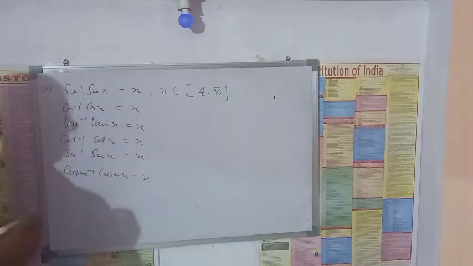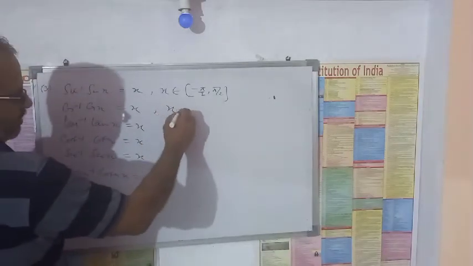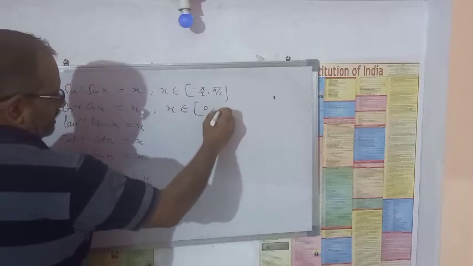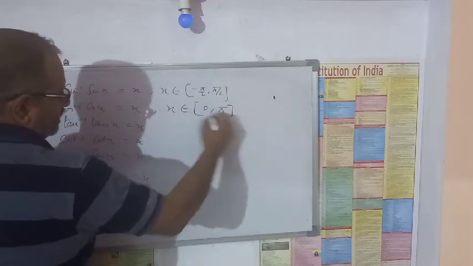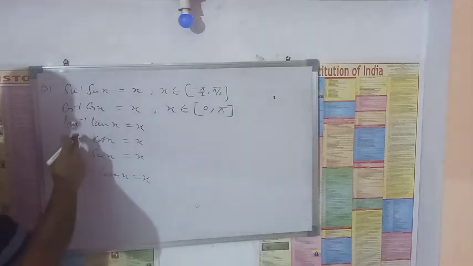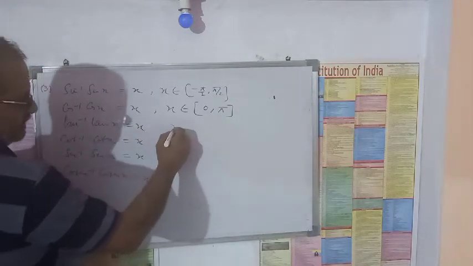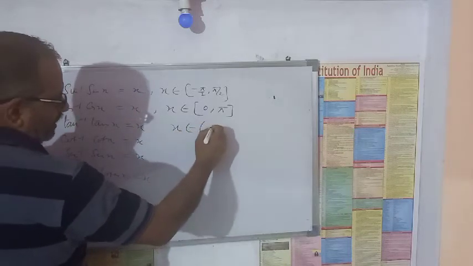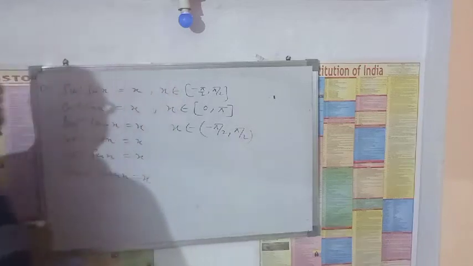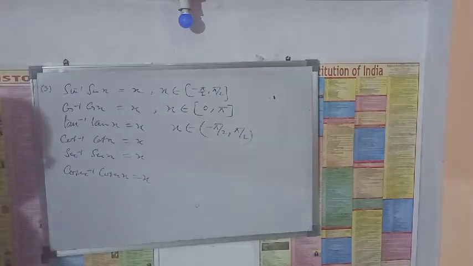Cos inverse cos x is equal to x. What will be x? X belongs to this closed interval 0 to pi. Tan inverse tan x is equal to x. X belongs to open interval minus pi by 2 to pi by 2.